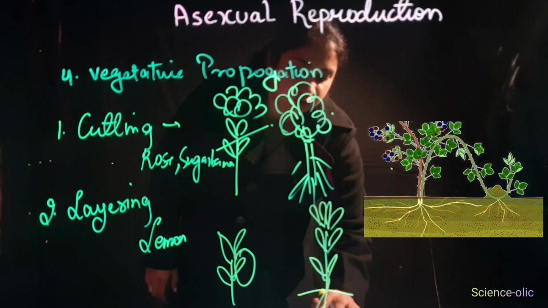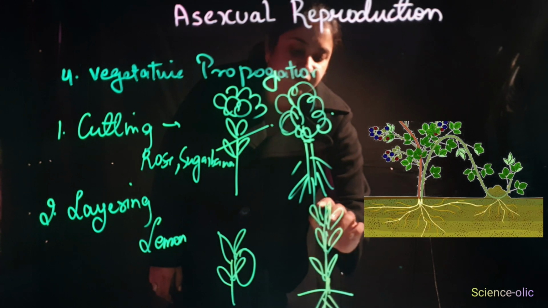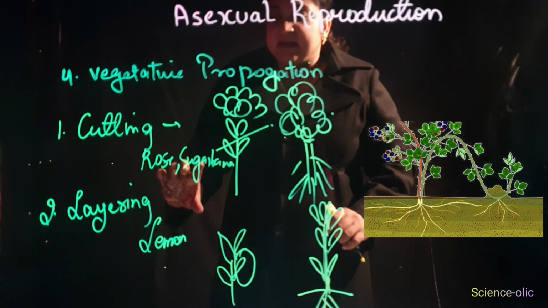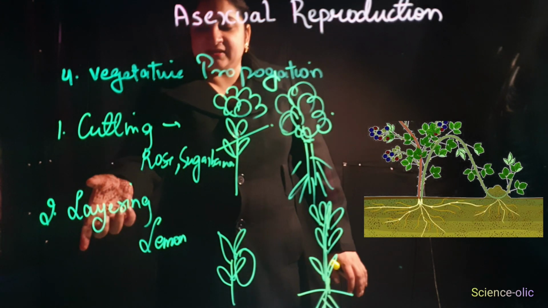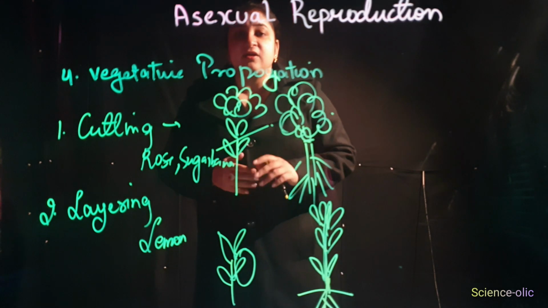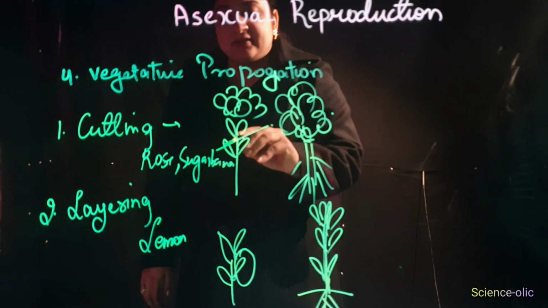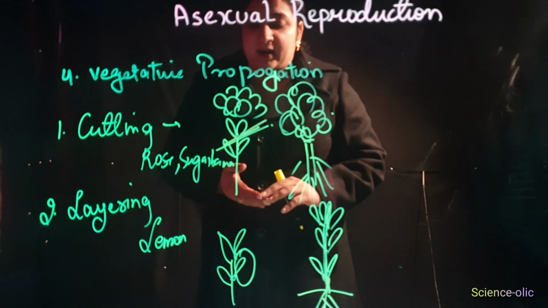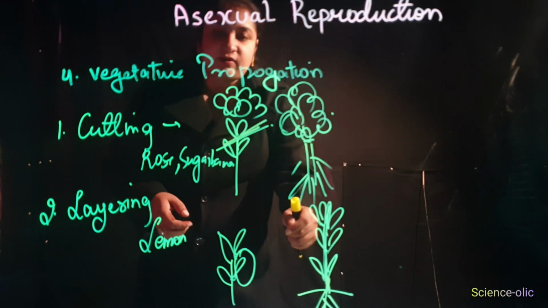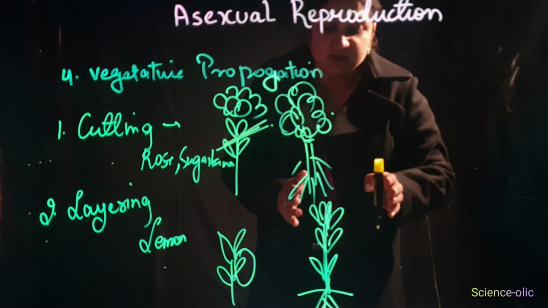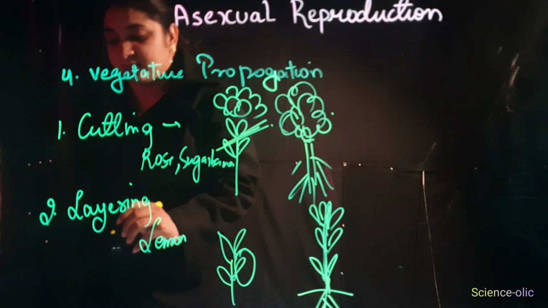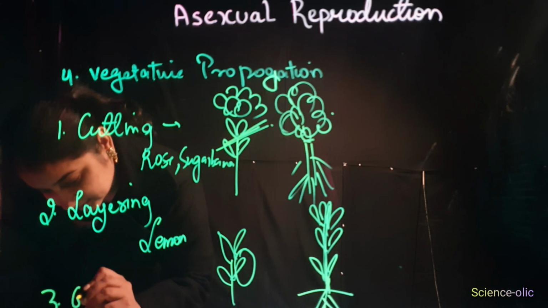Even the roots will be formed, the stem will be formed, from its single part, and this is known as layering. You might be saying cutting also seems like that. No, in cutting you cut the root or stem or one part, and in layering you pick one side of the plant and dip it into the soil. That is layering. Number third is grafting.